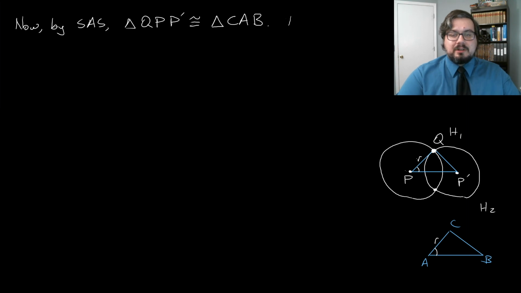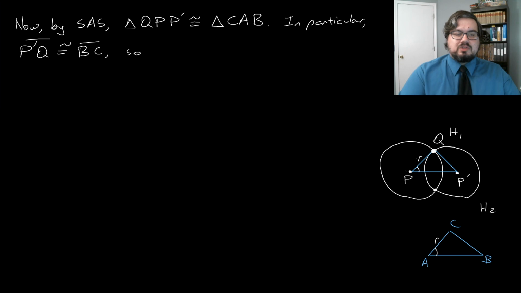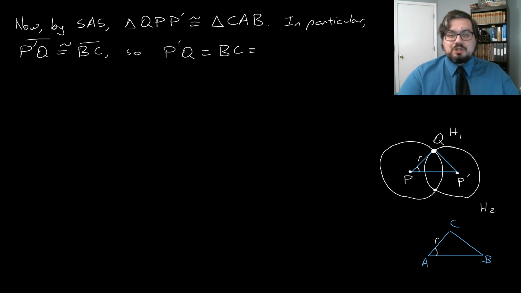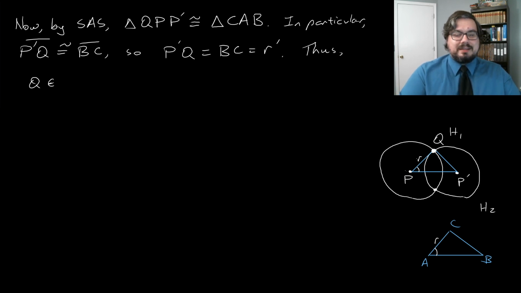And in particular, this means that the segment P prime Q is congruent to the segment BC. So in particular, this means that the distance from P prime to Q equals the distance from B to C, which is, by construction, R prime. Thus, that tells us that Q is on the circle C prime.